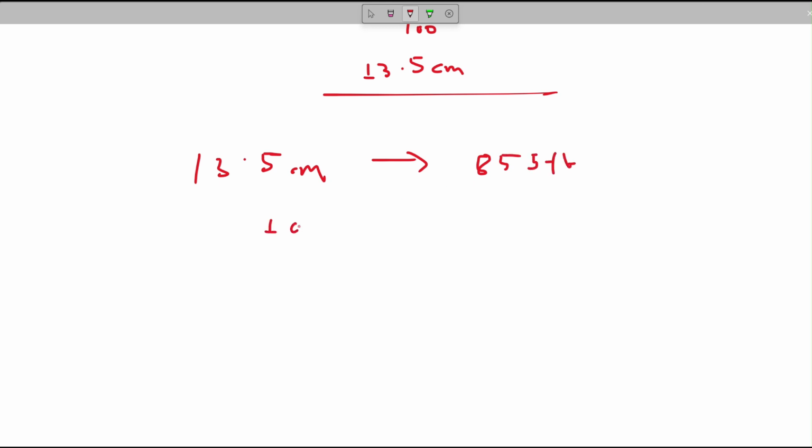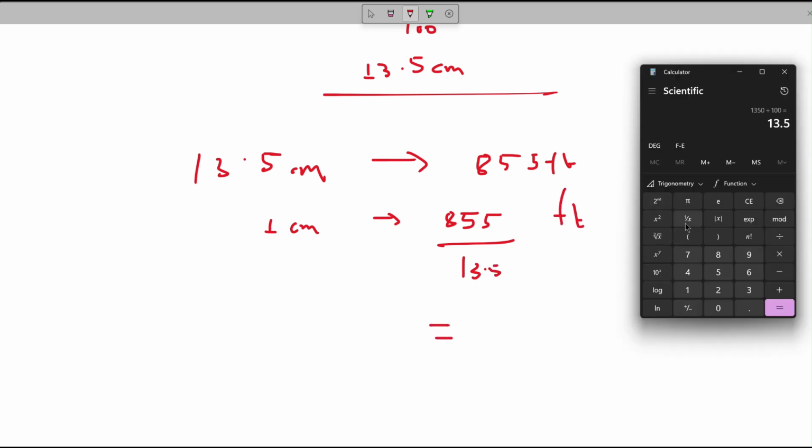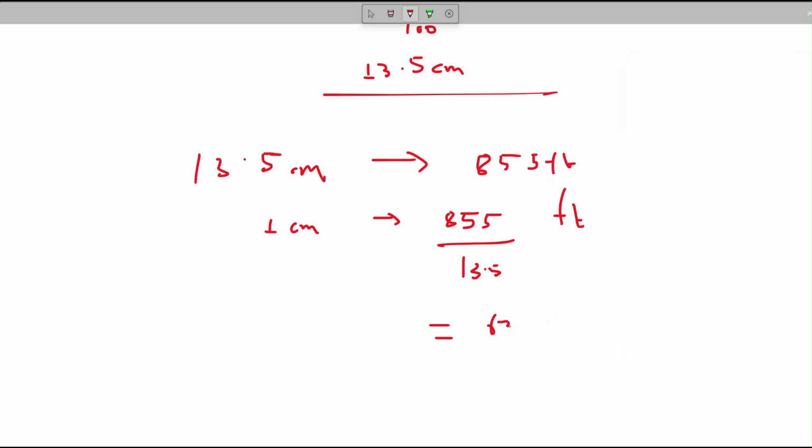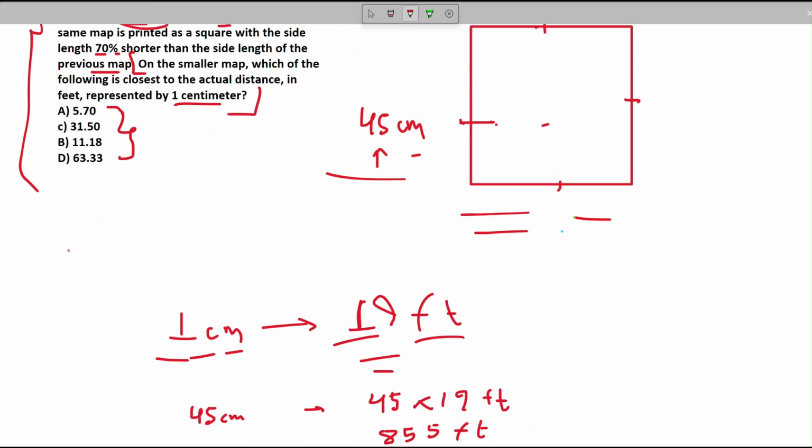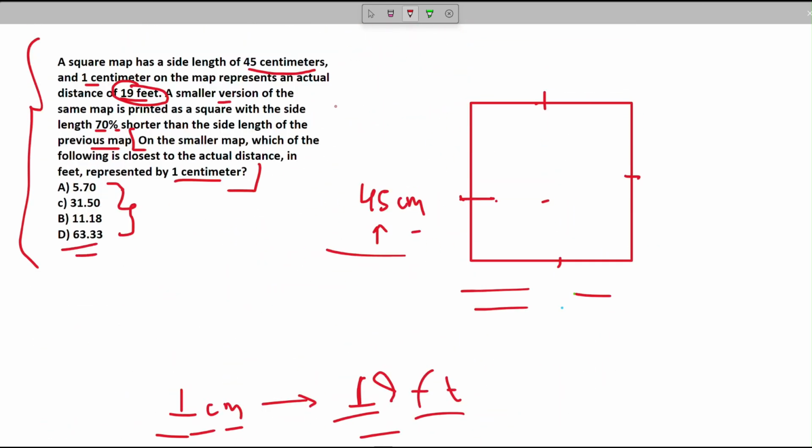Then 1 centimeter should cover 855 divided by 13.5 feet. 63.33 feet is our answer, and it is option D. Thank you.